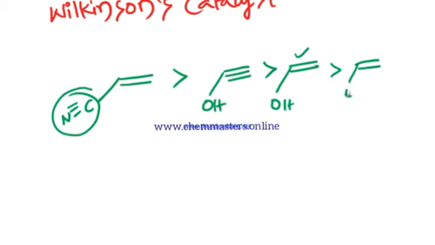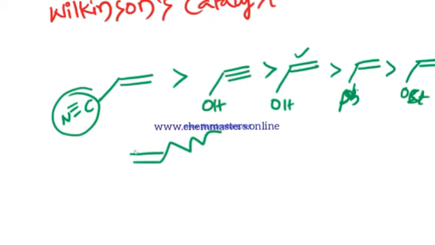We can also see other groups like phenyl, and the order of hydrogenation of different olefins, here take the ethyl group. When we compare terminal alkenes with highly branched alkyl substituents on the other side, there is no difference in the rate of hydrogenation.